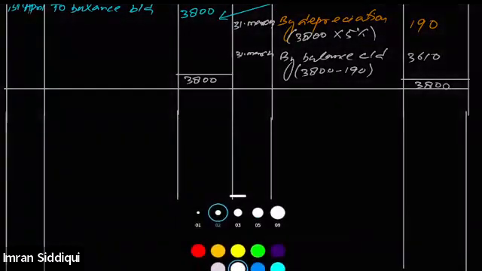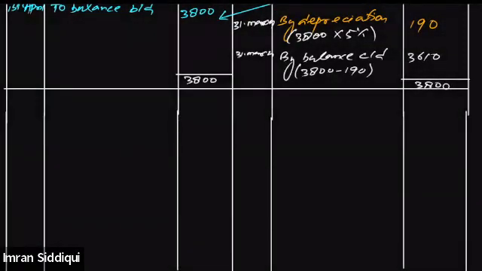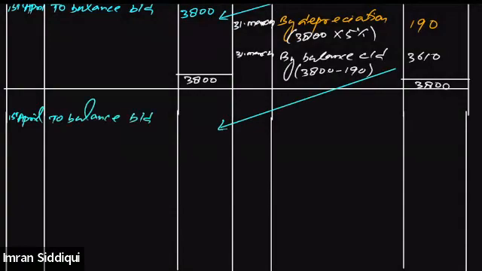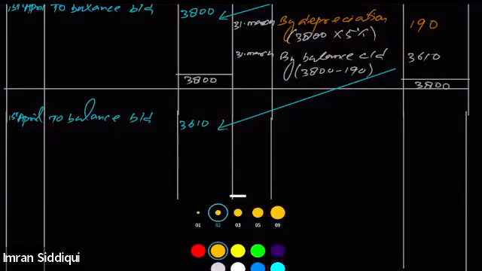All right. Now see, this is the closing balance of the previous year, which will be taken forward the next year as the opening balance. We'll write down on 1st of April of the next year to balance BD 3610. And since no other transaction has taken place in the next year as well, on this entire value we'll calculate depreciation.